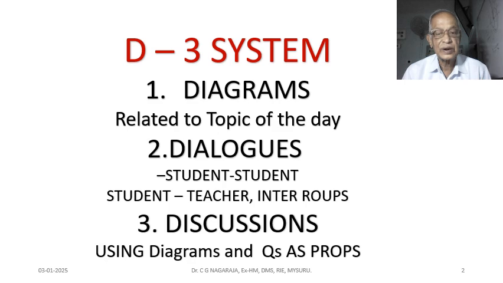It will certainly contain some information, and then discussions to say what is right, what is wrong, and then you come to the conclusion. This type of teaching goes on in a cyclic manner. You can start with a dialogue or you can start with a discussion, but ultimately these are the three main things that we use in the lesson.